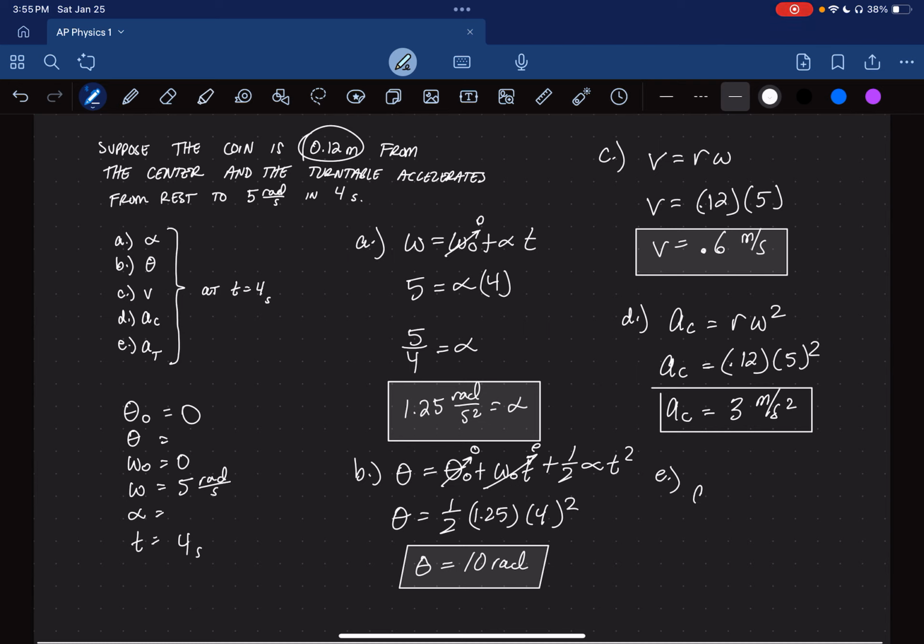Cool. And then the tangential acceleration is r alpha.